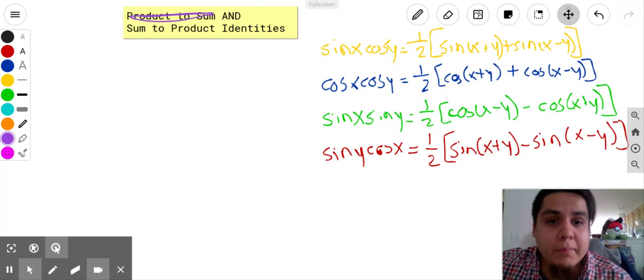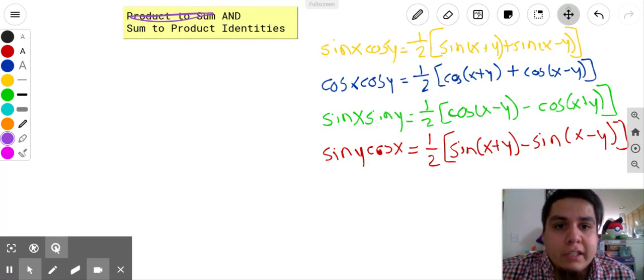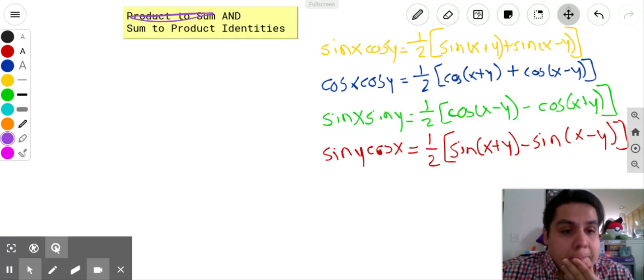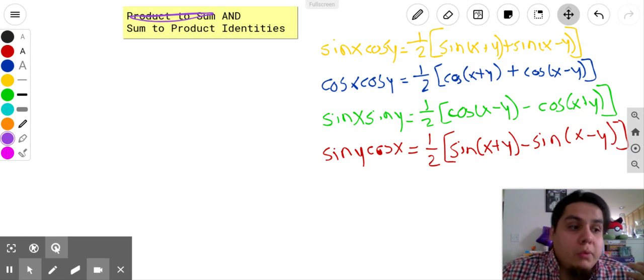Okay, so now I have them there. We have the sine of x times the cosine of y, cosine of x, cosine of y, sine of x, sine of y, cosine x. So all four different combinations, nice and color-coded. So the first thing we're going to do is use the sine of x cosine y equation to create sine of x plus sine of y.